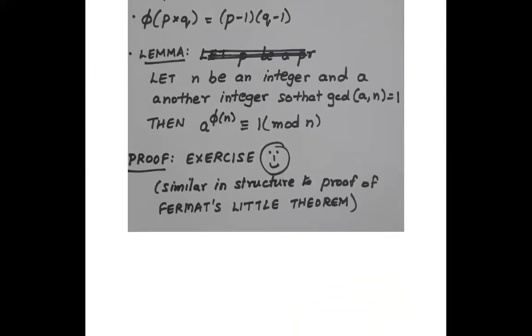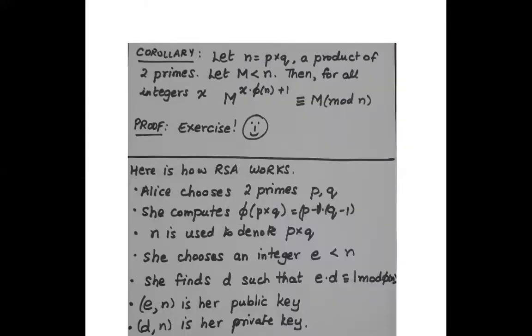Okay, it states that if n is a product of two primes, p and q, and m is another integer that is less than this n, then for all integers x, if I take this integer m to the power of x times phi of n plus 1, that is in fact congruent to m mod n.